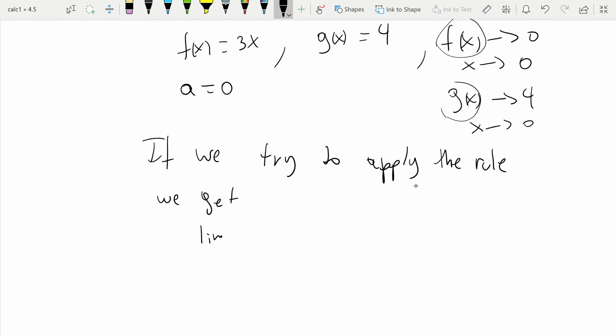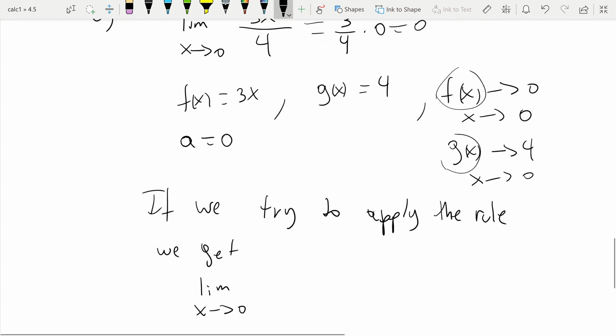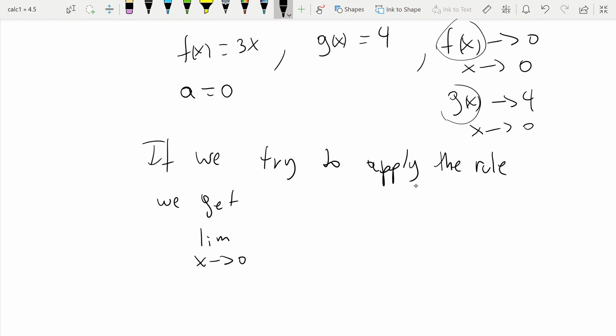We would get the limit as x approaches 0 of the derivative of the top, which will be 3, divided by the derivative of the bottom, which is 0.